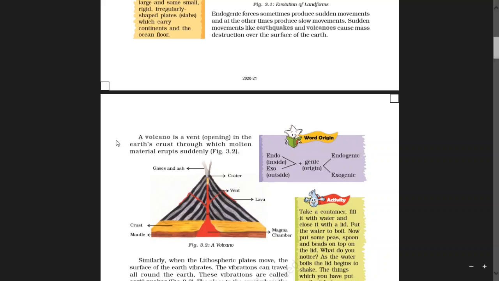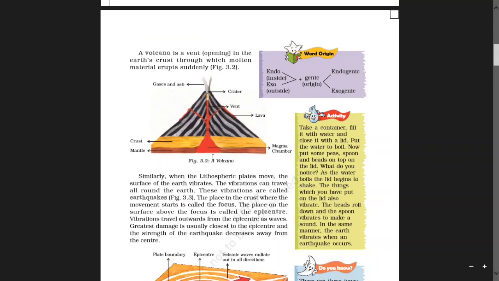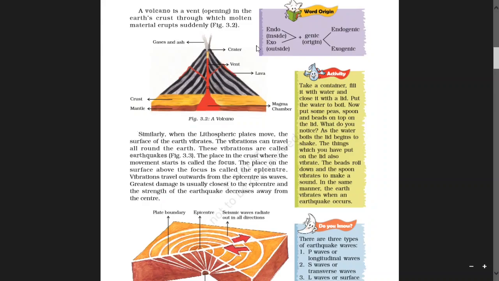Now let us see what a volcano is. A volcano is a vent, an opening in the earth's crust through which molten material erupts suddenly. See here, a labelled diagram of a volcano is given, boys.